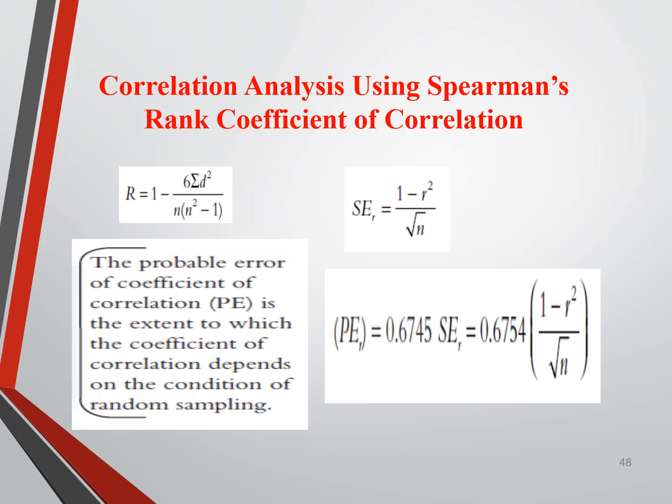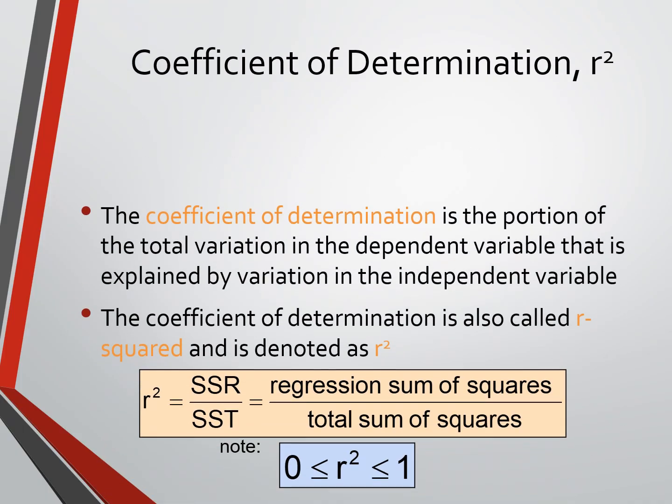Now, when we take the square of r, which is very important, it indicates the coefficient of determination, which indicates the total variation in the dependent variable explained by the independent variable.